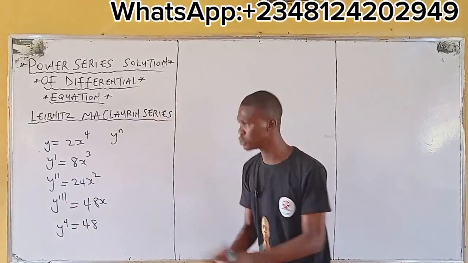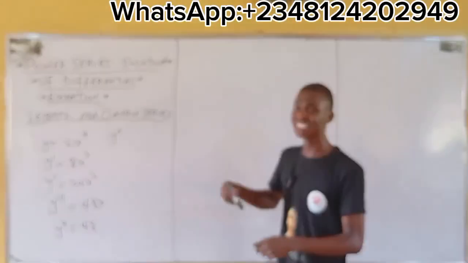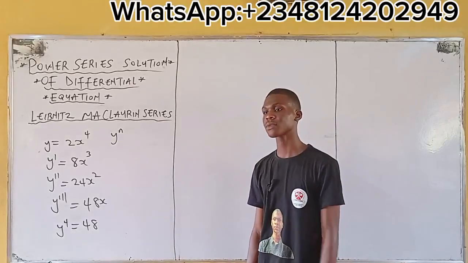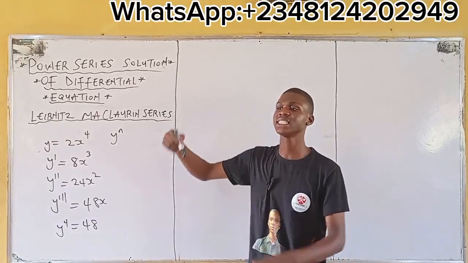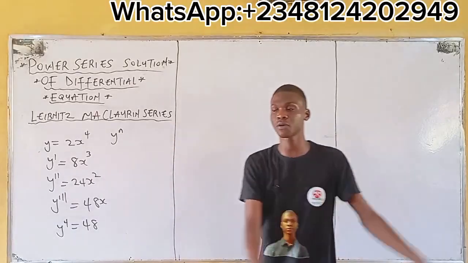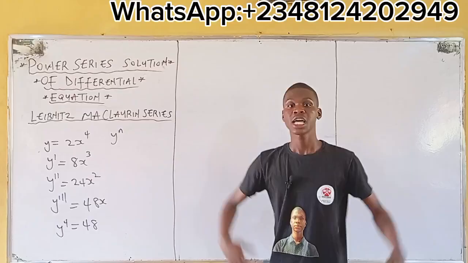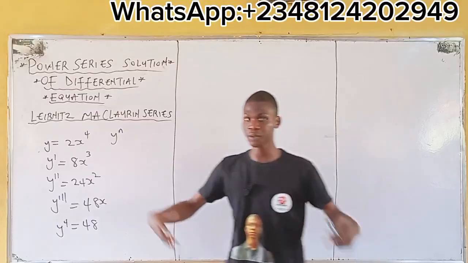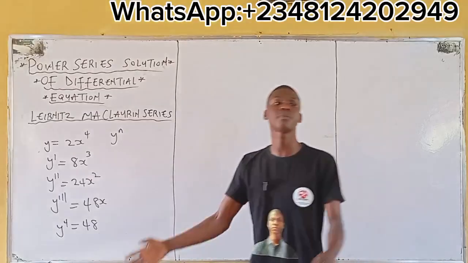This fourth derivative is just a constant value. But what we want to be doing is that I want to find the nth derivative, meaning I want to express my derivatives in terms of n. We said, let's bring it back to what we know.